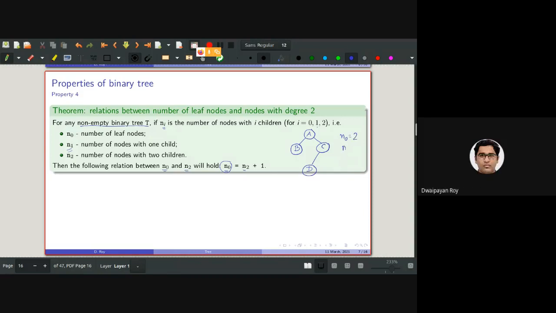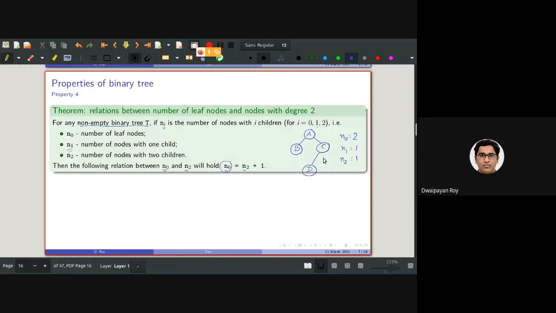And n2 is, first start with n1. n1 is 1, only this C, and n2, that is the number of nodes having two children, is only the root node, that is 1.